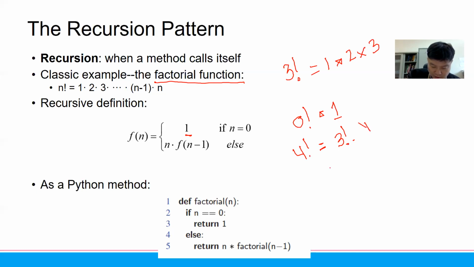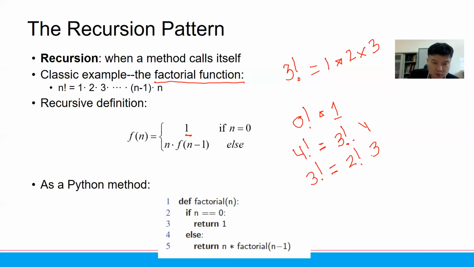If we already have 4 multiplied by 3 factorial, then we can split again. 3 factorial is 2 factorial multiplied by 3, and so on. So we can say that the factorial function is recursive.